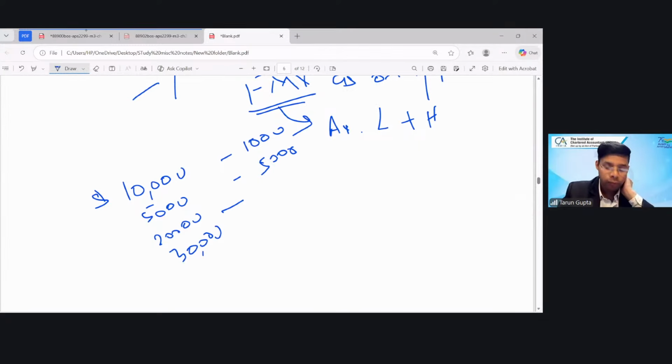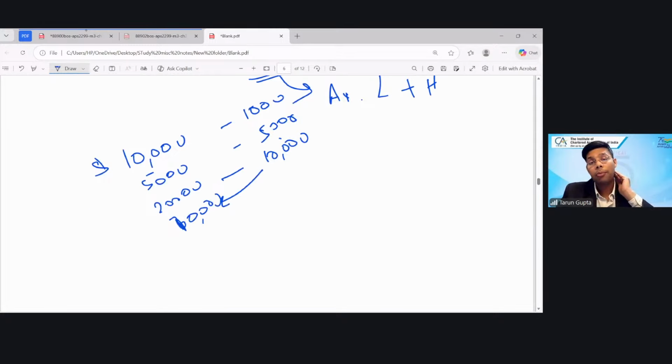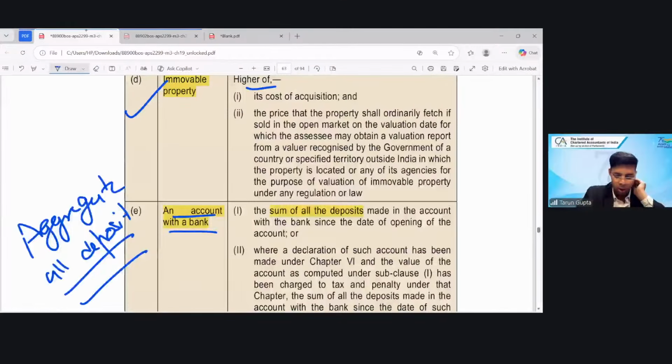But assuming you withdrew $10,000 and you deposit this $10,000 as a part of $30,000. Say assuming here only $10,000 is there. Then while aggregating the deposit, you will ignore this. Okay, here the value shall be 35,000. So what does it say?